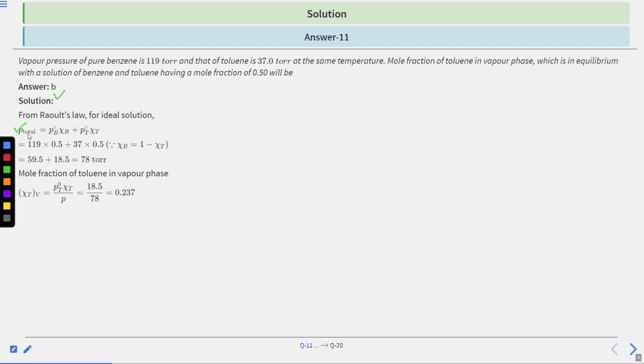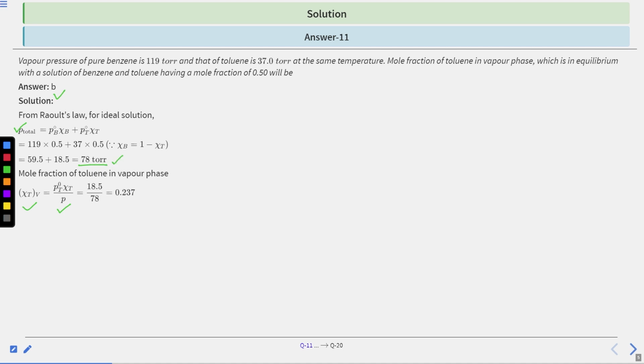So we have P total as 78 torr, and the mole fraction of toluene in the vapor phase is calculated as the vapor pressure of toluene multiplied by the mole fraction of toluene, divided by the total pressure, which is 18.5 divided by 78.